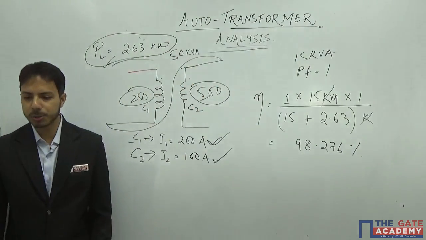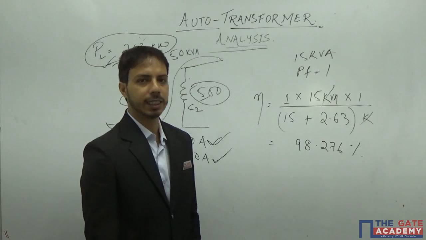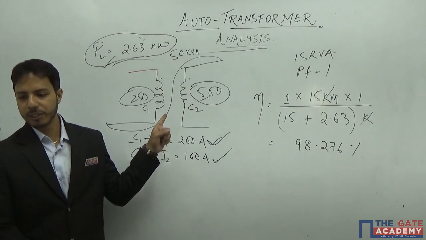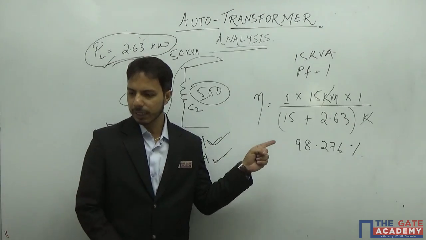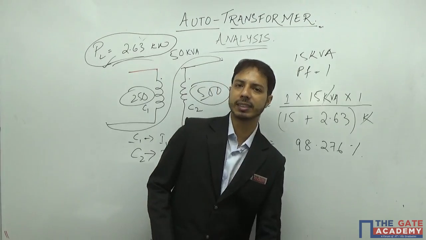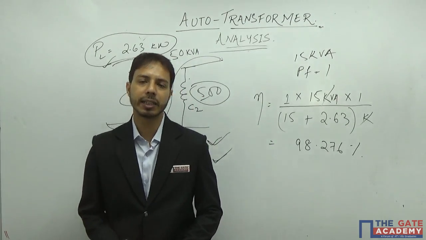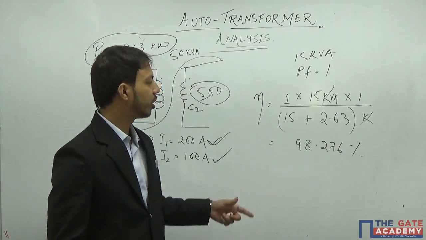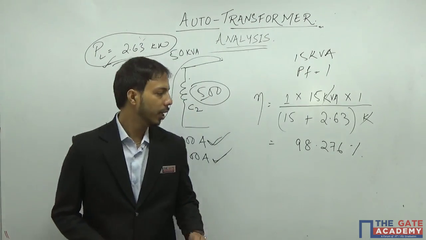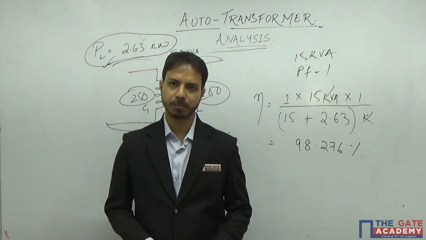Okay, and the option will be option C. So earlier this two-winding transformer was having an efficiency of 95%. Now it has increased to 98.276%. So this is the advantage that I was telling about, where the efficiency increases if I reconfigure a two-winding transformer into an auto transformer.